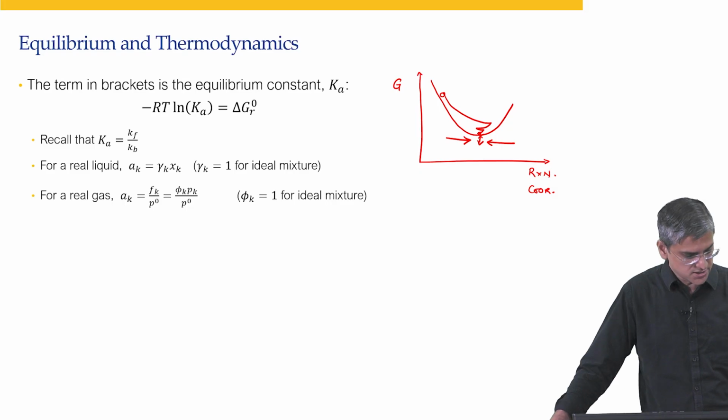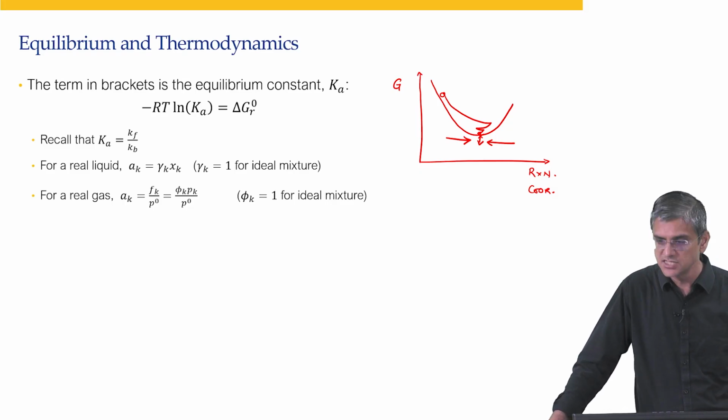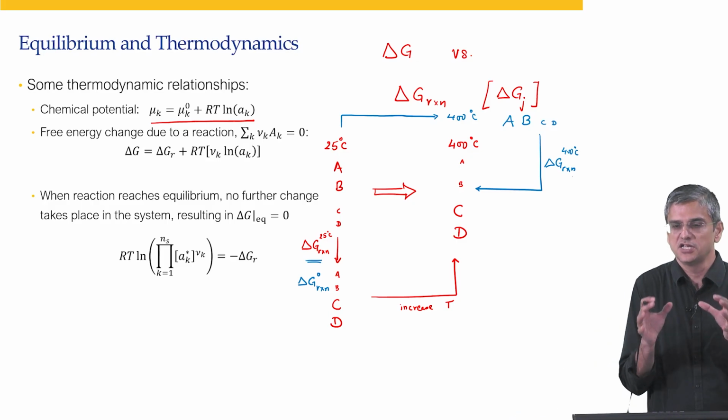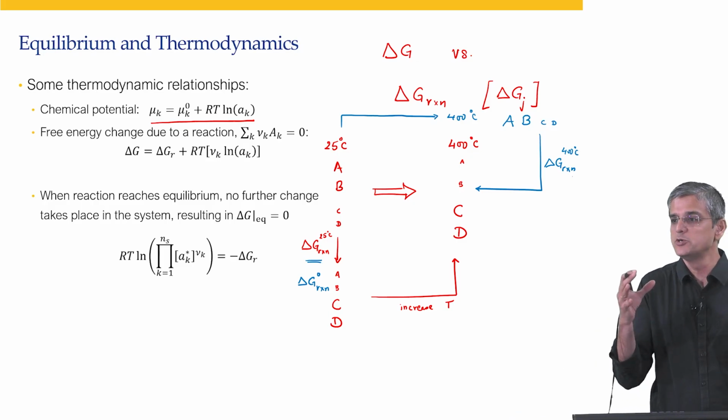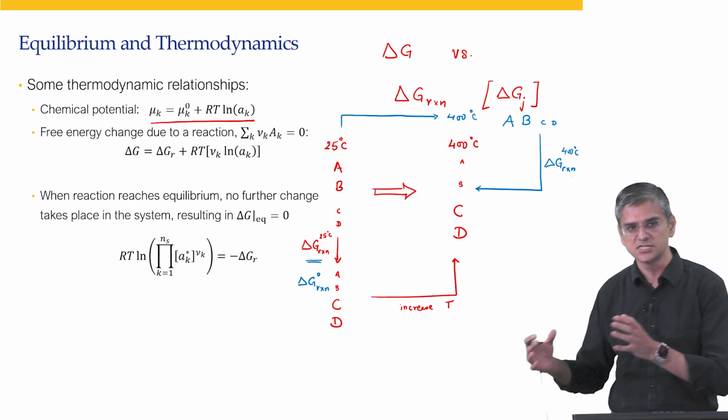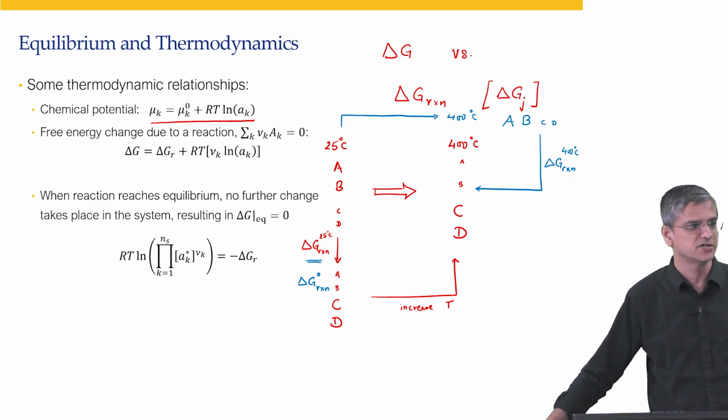What does it mean to say that your delta G is 0? That the free energy that is because of mu naught is exactly balanced by the free energy that is because of the activities of the species.